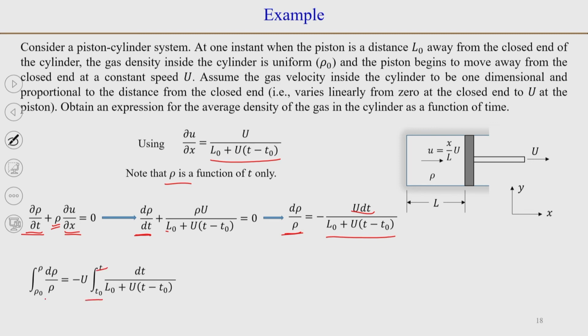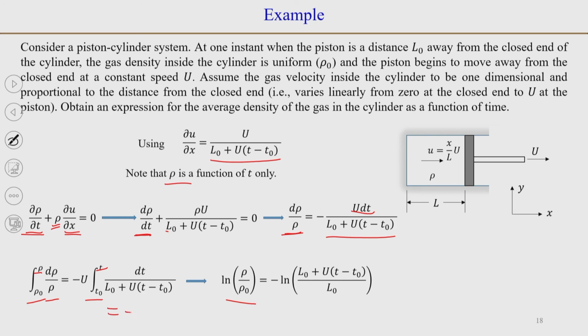At time t 0 the density is rho naught, and at time t the density is rho, so we will get rho as a function of time. When you integrate, the first term d rho by rho will be ln rho, and substituting the limits we get ln rho by rho naught.